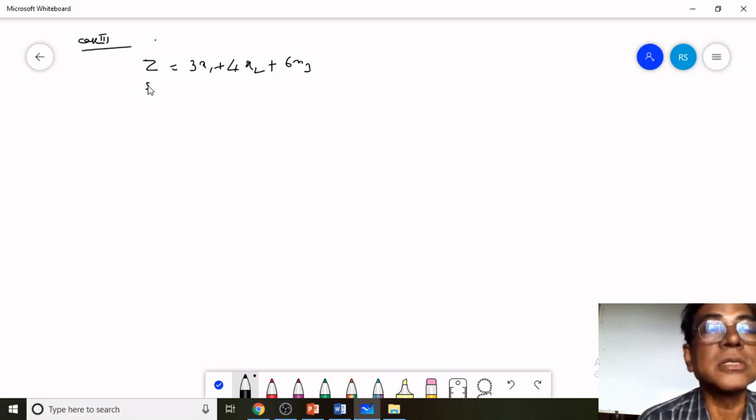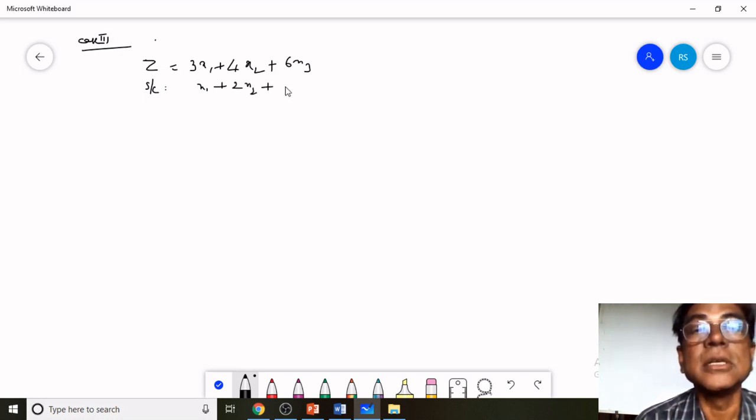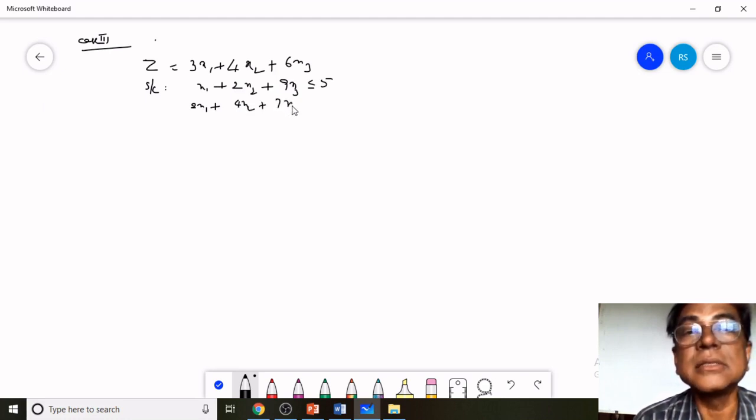So subject to constraint, x1 plus 2x2 plus 9x3 less than or equal to 5. Another one is 2x1 plus 4x2 plus 7x3 greater than or equal to 6.